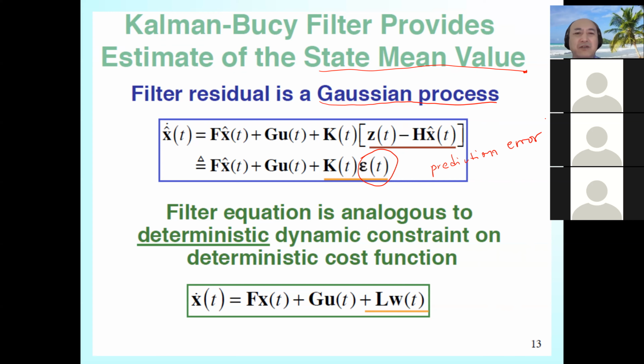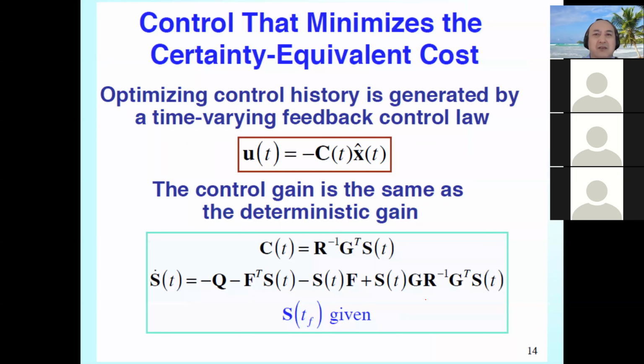Okay. So the filter equation is analogous to the deterministic dynamic constraints on the deterministic cost. As if we're talking about this one. Okay, so I found the control design. Minimize this JCE, the certainty equivalent cost, using a time varying feedback controller, using an estimated state.